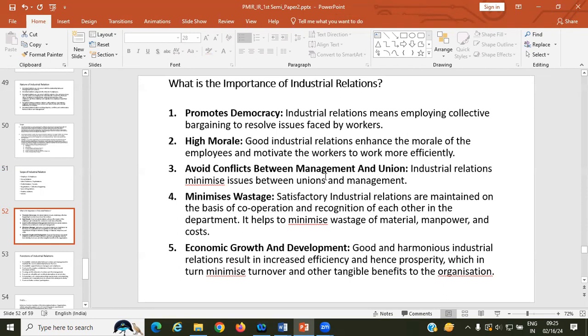Industrial relations means employing collective bargaining to resolve issues faced by workers. Suppose there is a problem, and you have given responsibility to the team to resolve this.